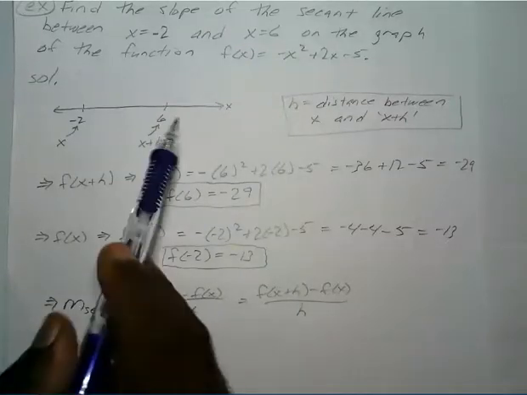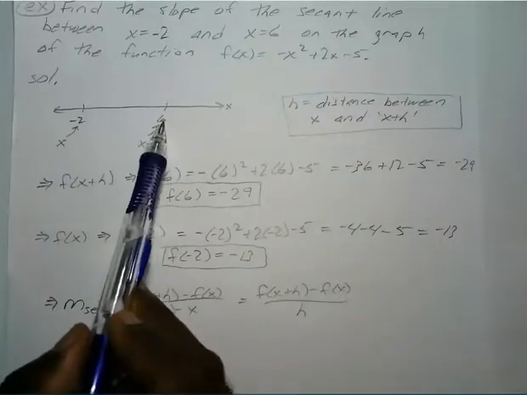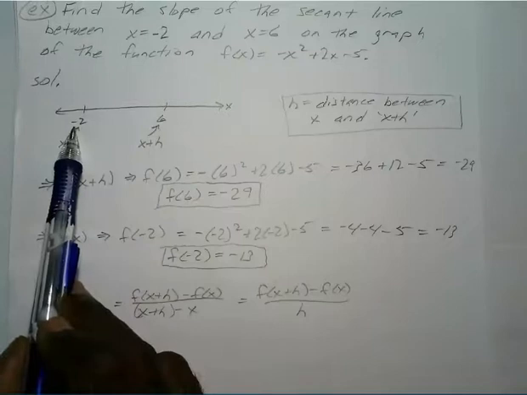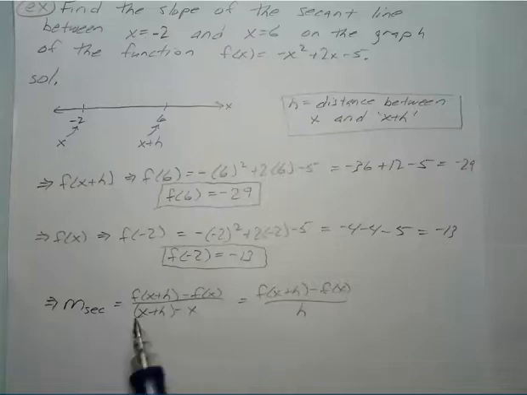Really your x plus h minus x is just 6 minus -2, which is +8. So you can just make h equal +8, or you can calculate it out. Either one works.